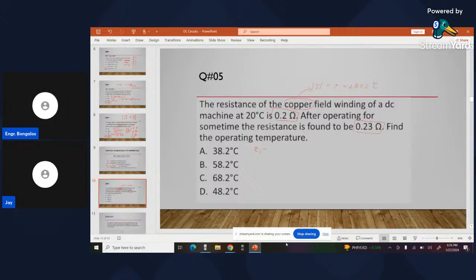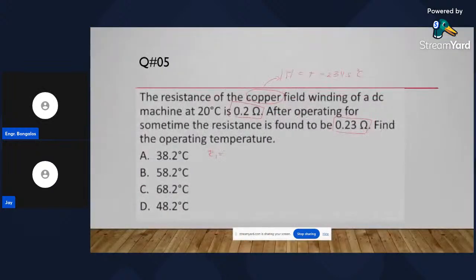Yung R1 natin is 0.2 ohms. R2 natin is equal to 0.23 ohms. Then yung T1 natin is 20 degrees. Then yung pinapahanap dito is yung operating temperature, which is yung T2.